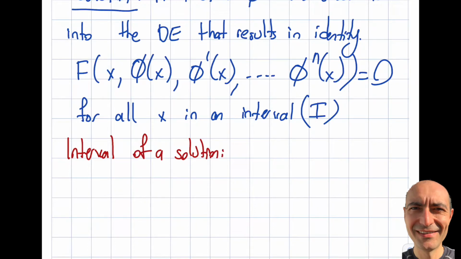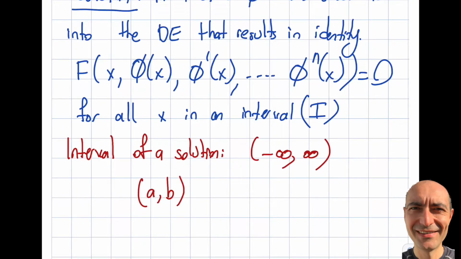And as I said, the solution is always associated with an interval. And this interval can be minus infinity to plus infinity. That would be fine. That may be the case, okay? Or it can be some numbers like a, b, and this is an open interval. This means that these solutions are not defined at a and b, but between those two values, not including those. Okay, that's an option. That's an open interval.